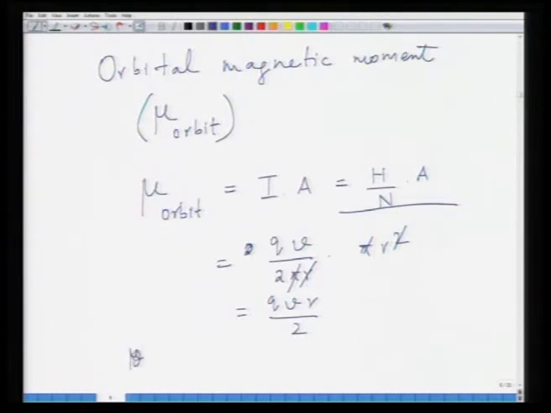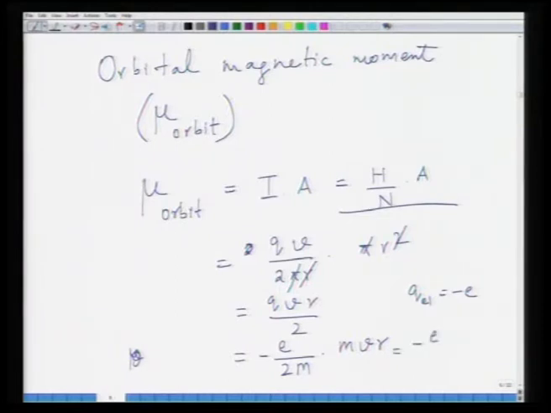Now q is equal to minus e, and if I take the 2 on this side and multiply by m on both sides, I can write this as, so q for an electron is minus e. So, mu orbit becomes minus e by 2m multiplied by mvr, and what is mvr? mvr is nothing but your orbital angular momentum.